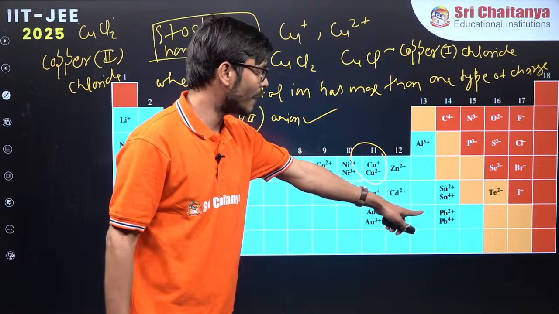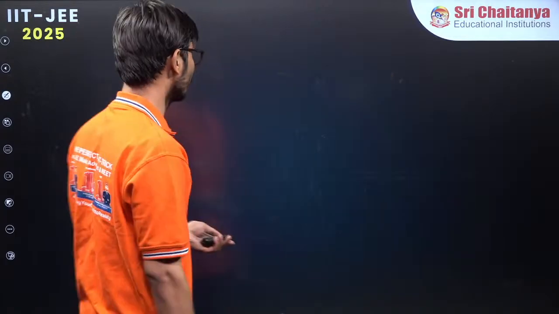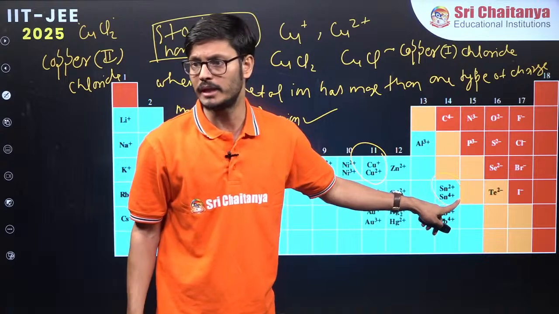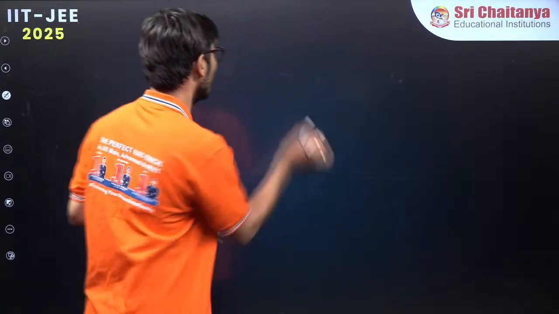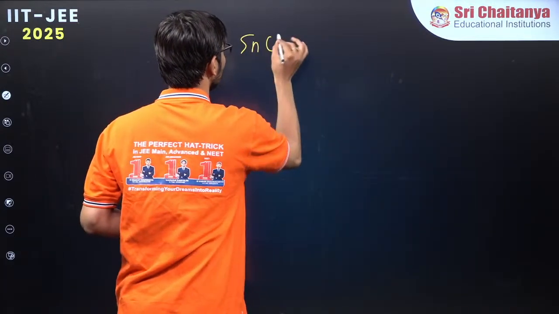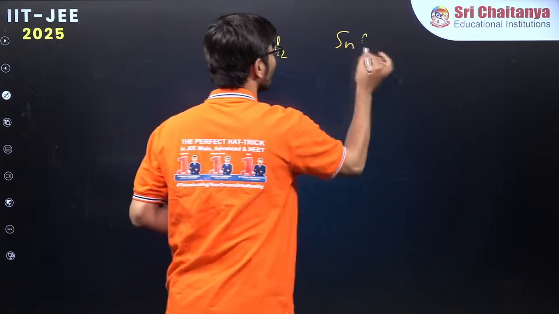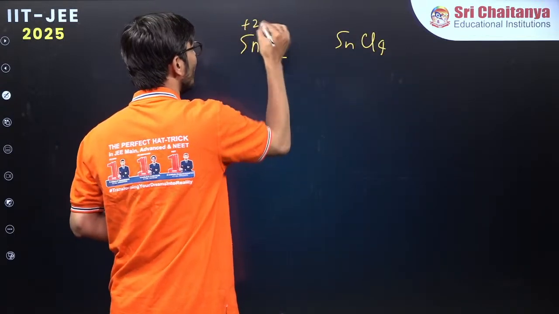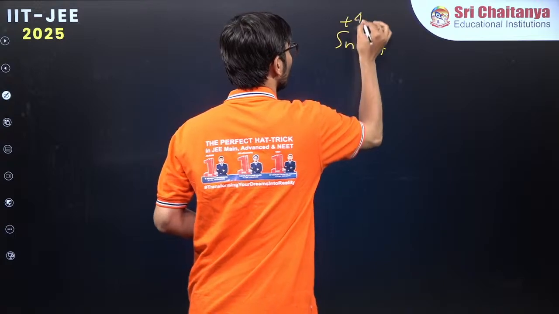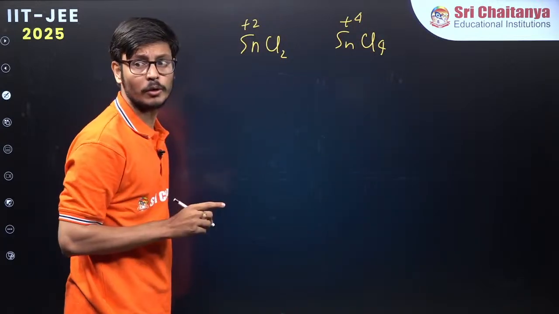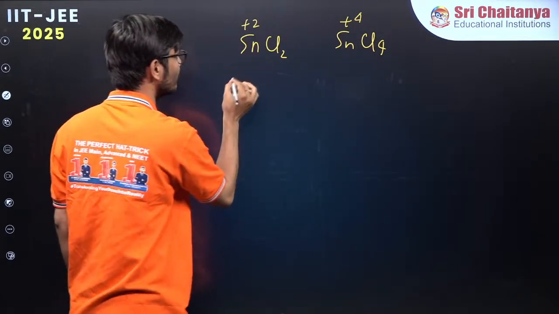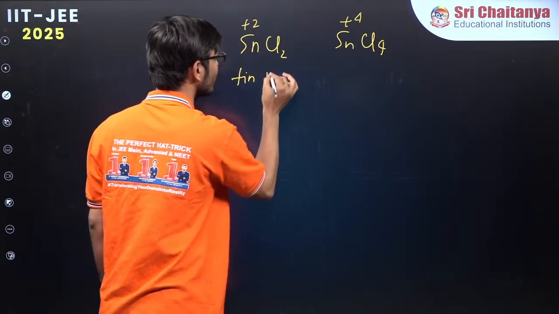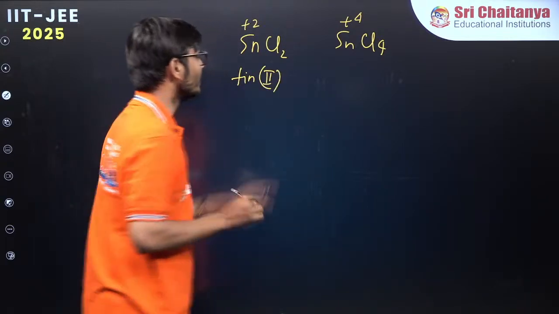Let me take one more example so that you can understand. See, Sn2+ and Sn4+. SnCl2 and SnCl4. That means here the charge is +2, and here the charge is +4. According to stock nomenclature, how are we going to write the name? We write tin, Sn, tin. What is the charge? 2.